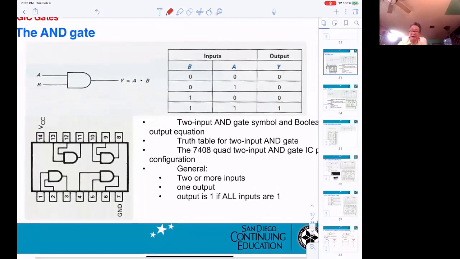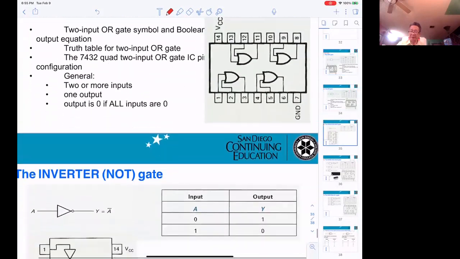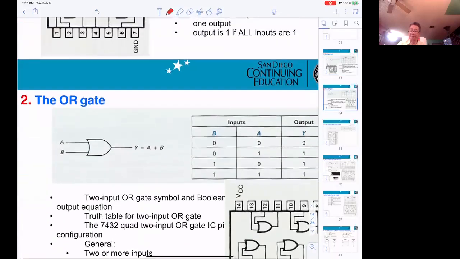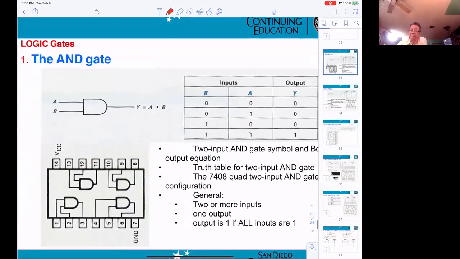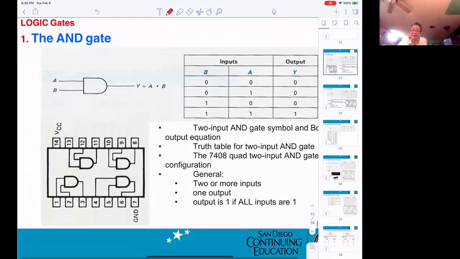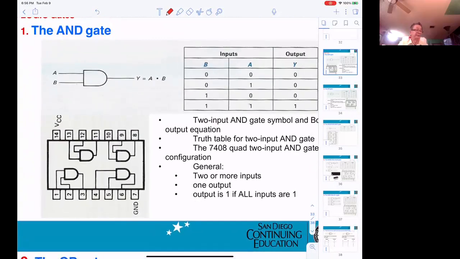Okay, so I try to quickly go to this thing. Let's see, this one here. Okay. This is one you need to deal with, all the gates. Yeah, we're talking about the logic gate.